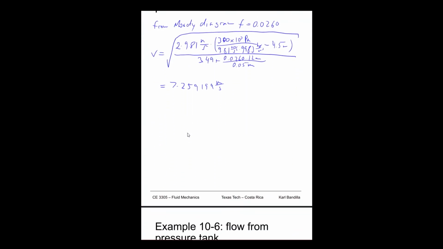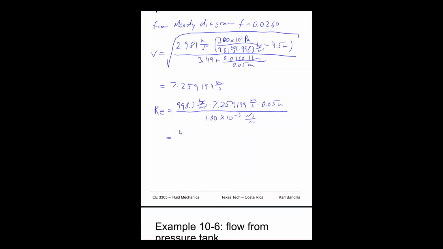So let's look at our Reynolds number to see if there's much of a change. It shouldn't be, because the velocities are very close. 998.3 kilograms per cubic meter times our new velocity, 7.2591999 meters per second, times our diameter, and that divided by the viscosity, 1.00 times 10 to the minus 3 Newton seconds per meter squared.